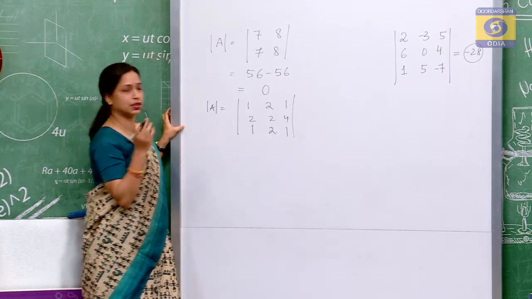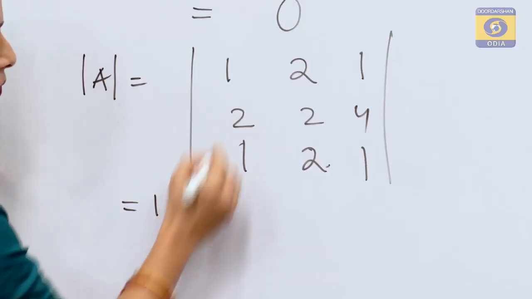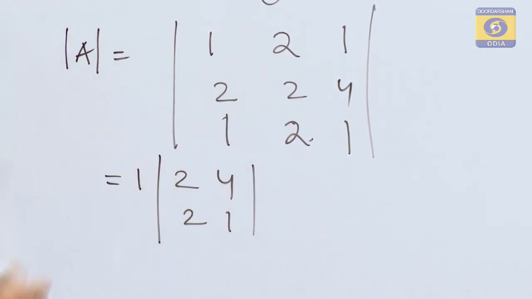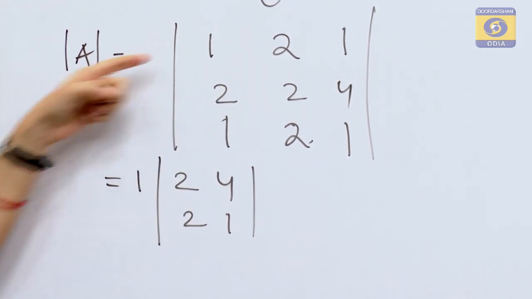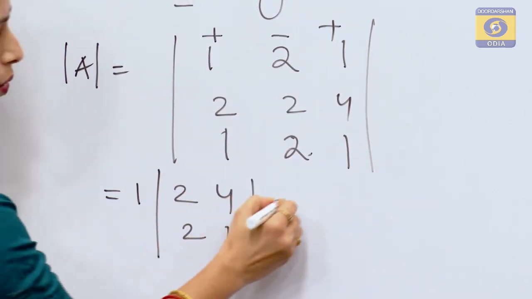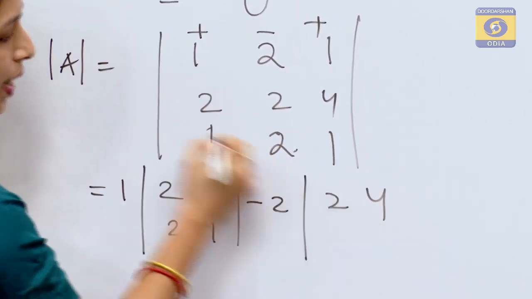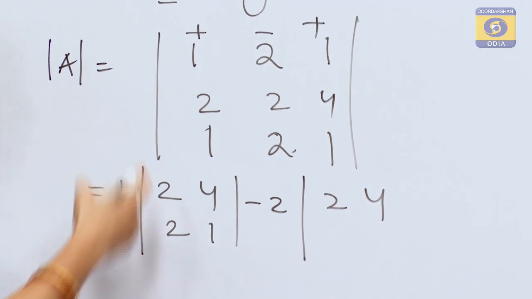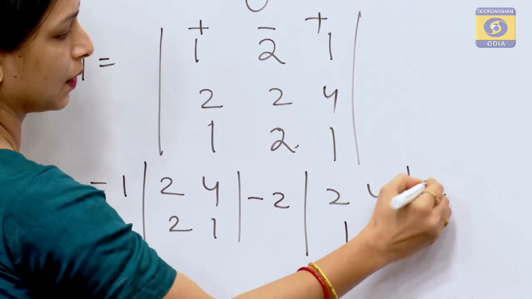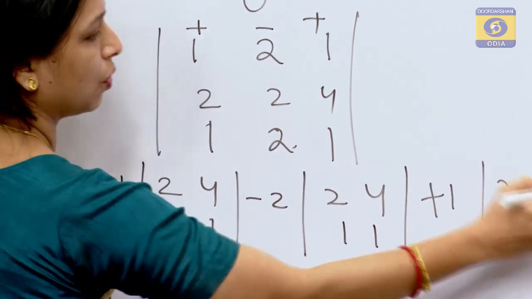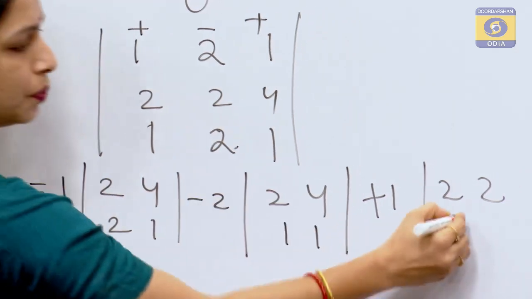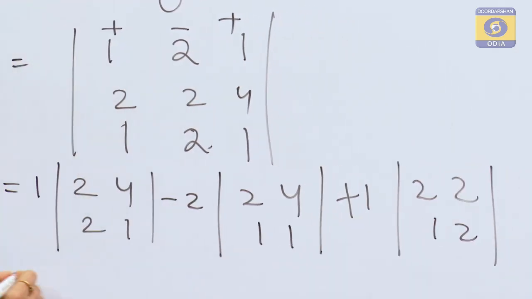Now, let us find out the determinant. We know how to find out the determinant. Let us say we are taking row 1, we are expanding it. The positional signs are plus, minus, plus. So, we get the second order determinant by expanding the first row elements 2, 4, 1, 1. Then again, element 1 has the second order determinant as 2, 2, 1, 2, right.